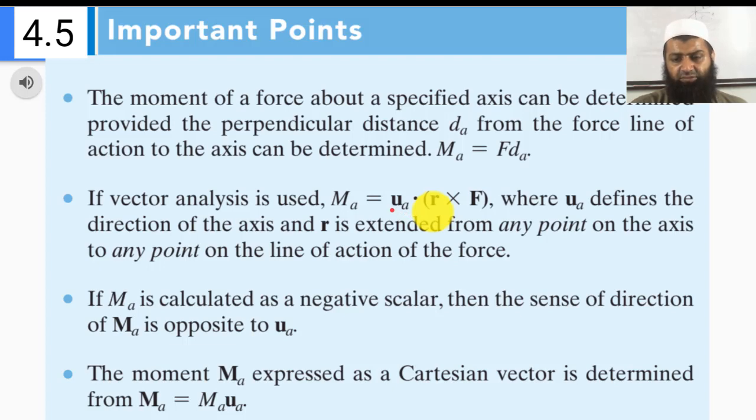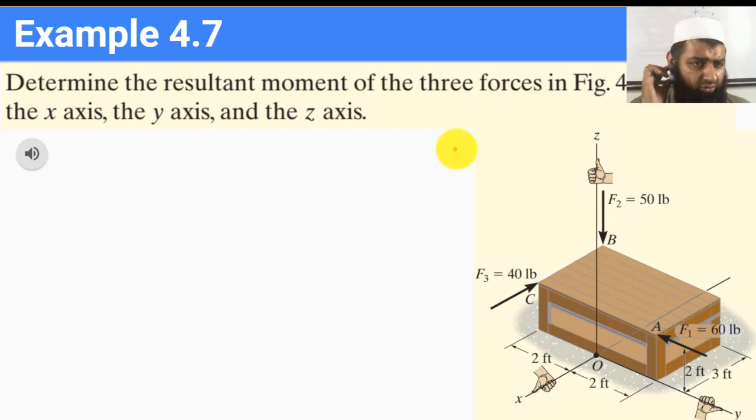So we have some leeway in choosing this point, and the result would always be the same, as we would see in the examples. Okay, so here we look at the first example for today.